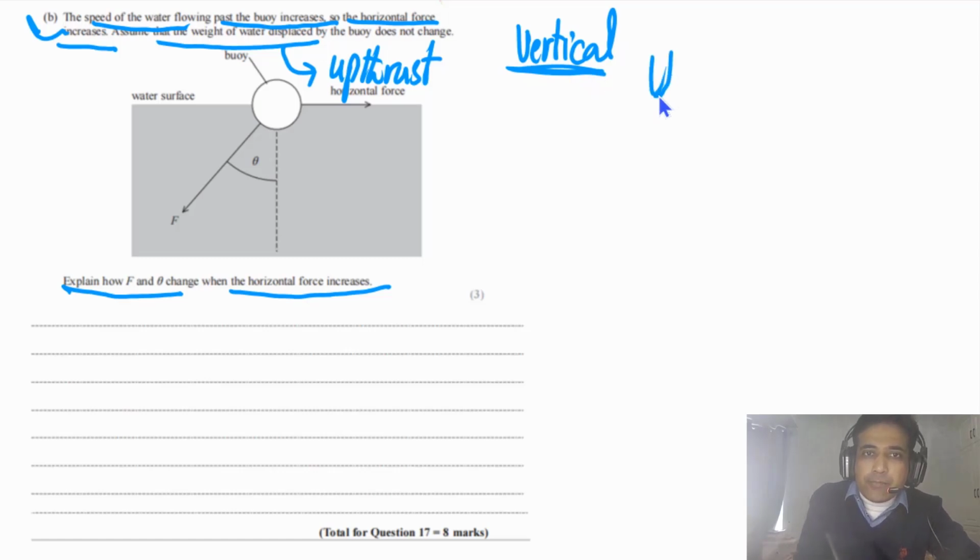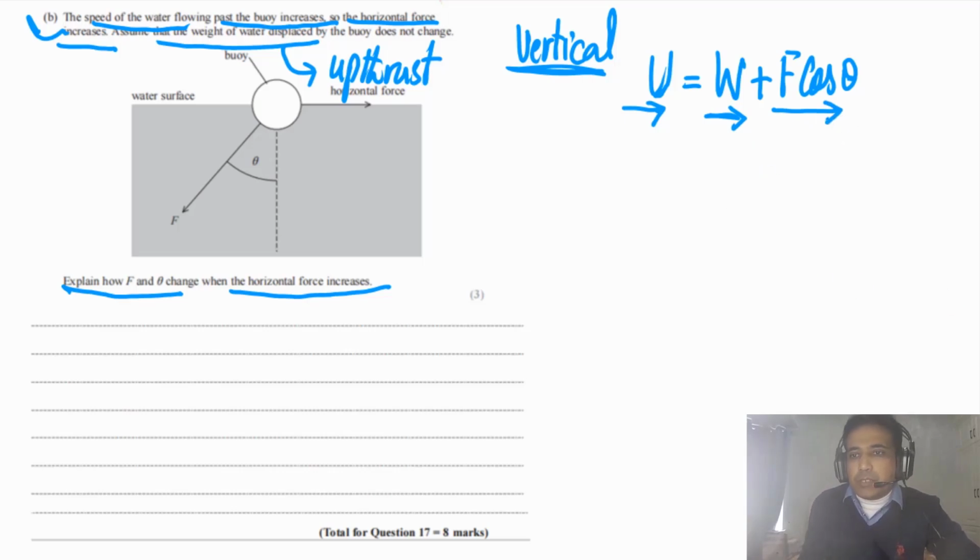Along vertical, we have discussed that upthrust is acting upwards, and we have the weight of the buoy acting downwards, and we have F cosine of theta acting downwards. Upthrust remains constant, weight of the buoy also remains constant. It means F cosine of theta also remains constant. We can resolve this force into 2 components.